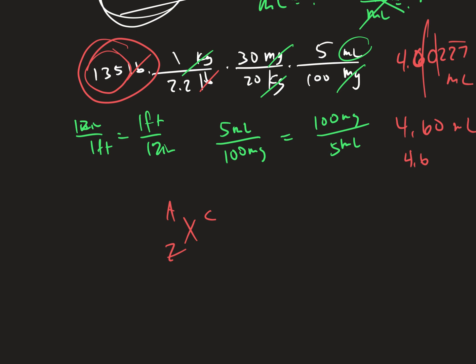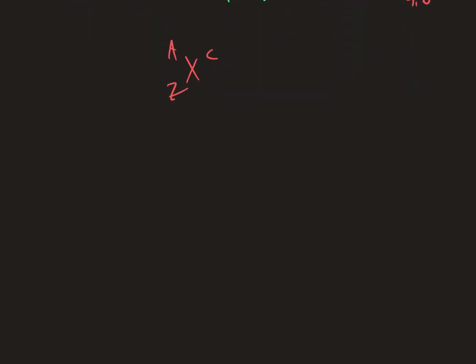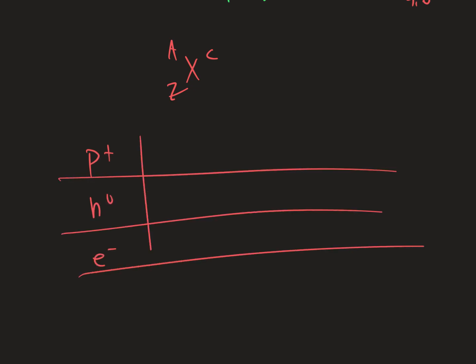Can you go over subatomic particles one more time? So just the properties of them. Okay. You got protons, neutrons, and electrons. So the relative mass is 1, 1, and 0, right?